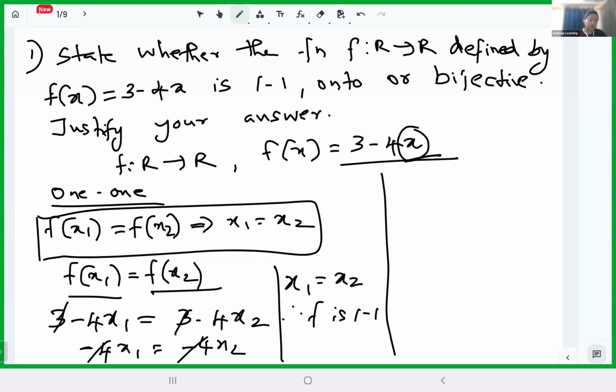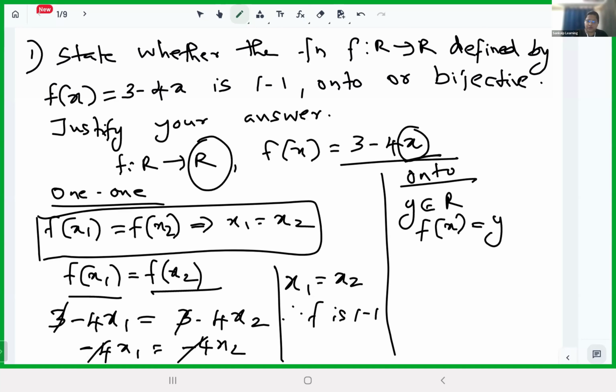Now we have to check whether it is onto or not. So we are moving on to the second part, that is onto. For that you have to take an element from the codomain R. I'm taking an element, let it be y, from R. Now we have to choose x such that f of x equal to y.